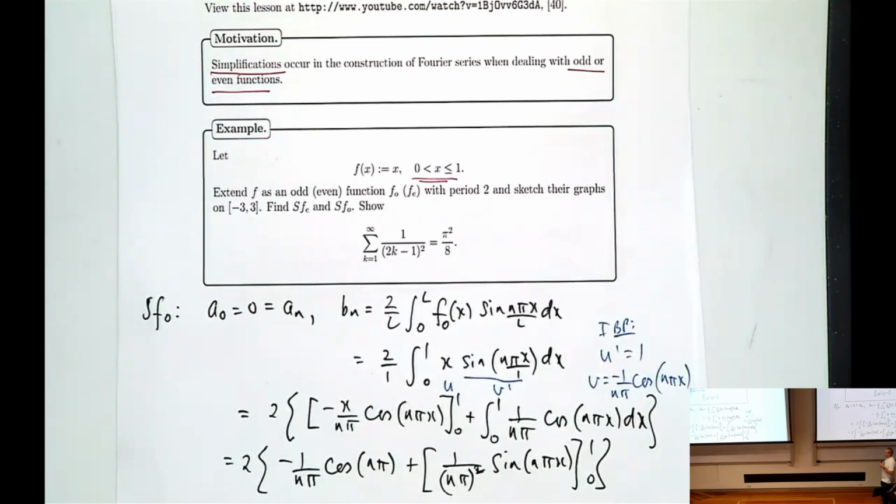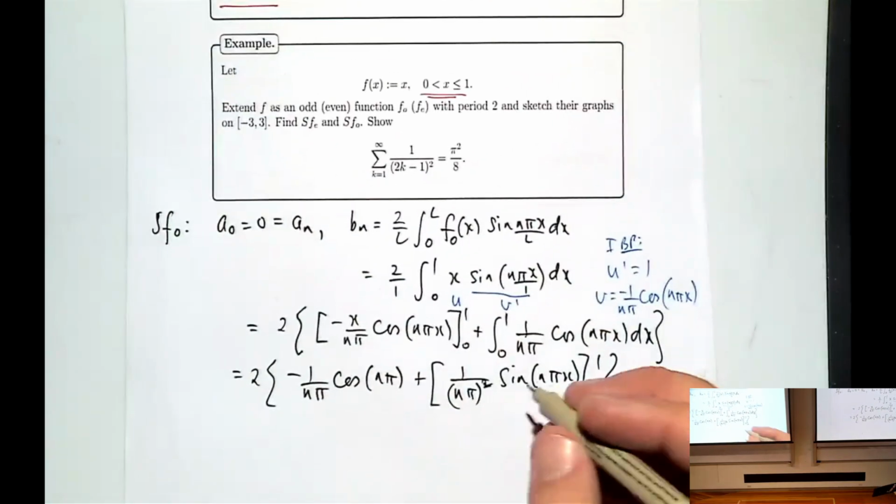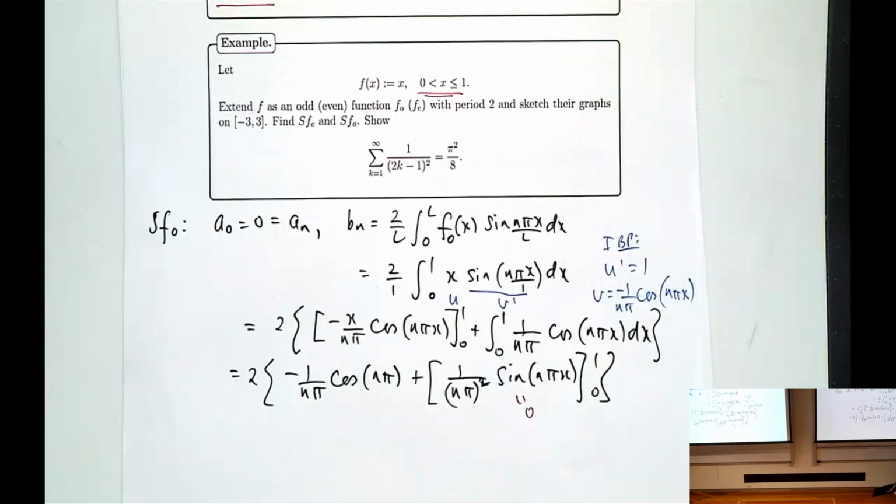So, the second part looks a little bit difficult, but what happens when x equals 0 in here? 0. What happens when x equals 1? It's also 0. Okay? So this thing here actually doesn't contribute anything. Why?